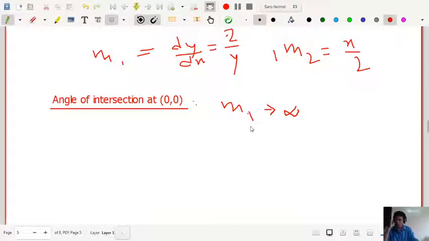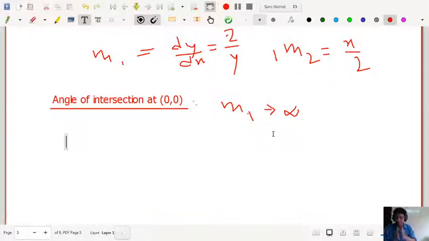And what is the meaning of infinity? If the slope is infinite, that means the tangent to the curve is parallel to the y-axis. So if m1 goes to infinity, that means the slope of a straight line goes to infinity. That means tan 90 is infinity, right? That means in that case your straight line is parallel to the y-axis.